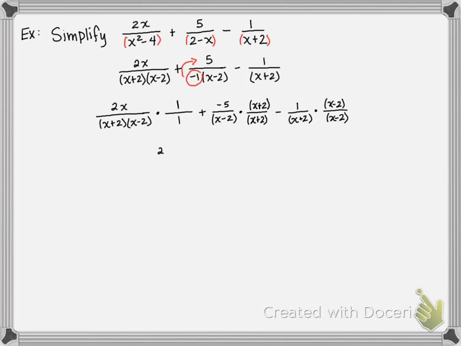And so we have 2x minus 5 times x plus 2 minus 1 times x minus 2. And that's all over x plus 2 times x minus 2.